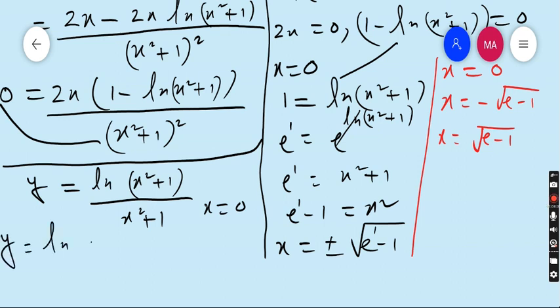y = ln(0² + 1) upon (0² + 1). So ln(0 + 1) is ln 1 upon 0 + 1. 0 + 1 is 1.